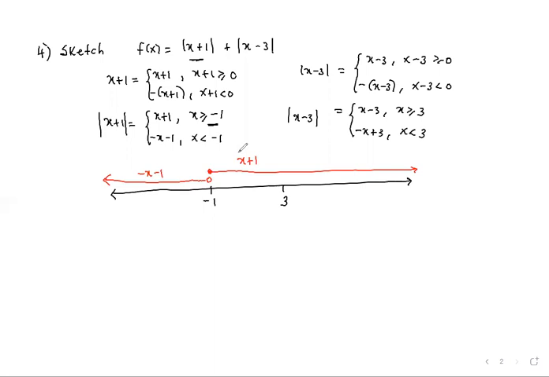So on the number line, we'll break the number line into 2 pieces. One going to the right of -1, where we'll pick x plus 1. The other one to the left of -1, where the function is negative x minus 1.